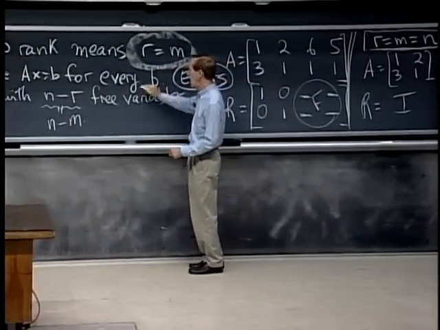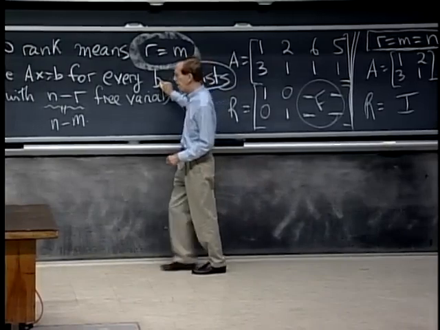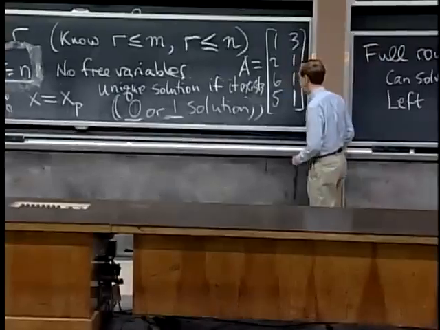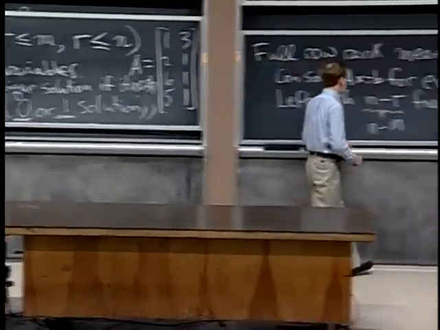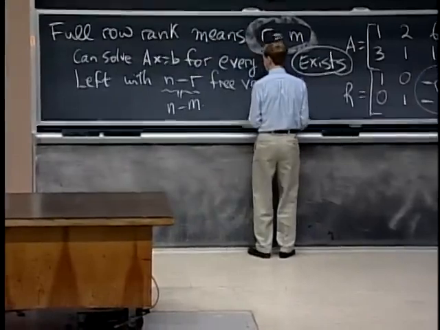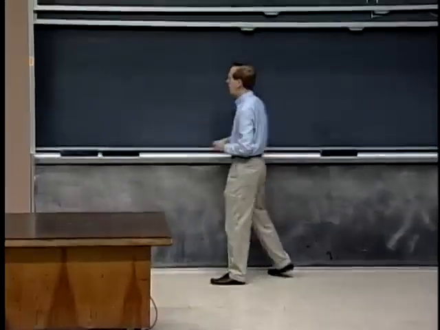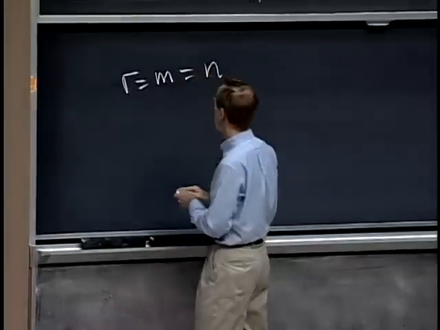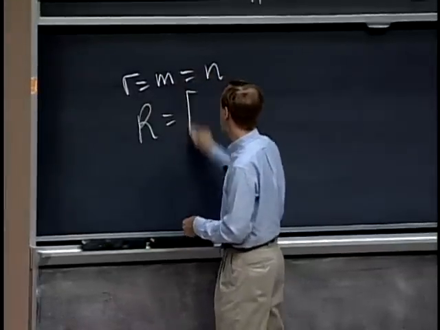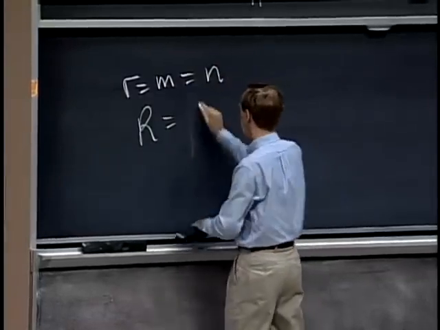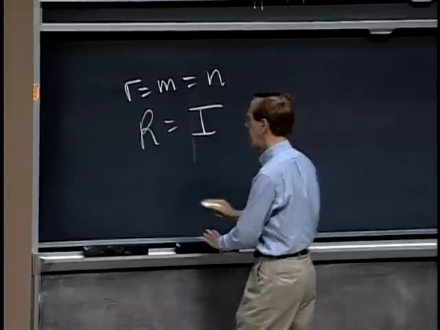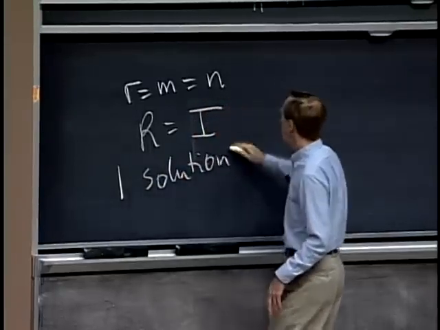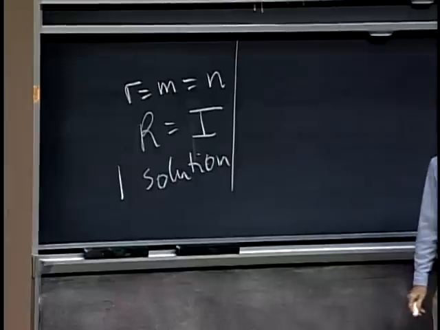Since the rank equals M, I can solve for every B. And since the rank is also N, there's a unique solution. Let me summarize the whole picture here. I could have R equal M equal N. This is the case where this is the identity matrix. And this is the case where there is one solution. That's the square invertible chapter 2 case.